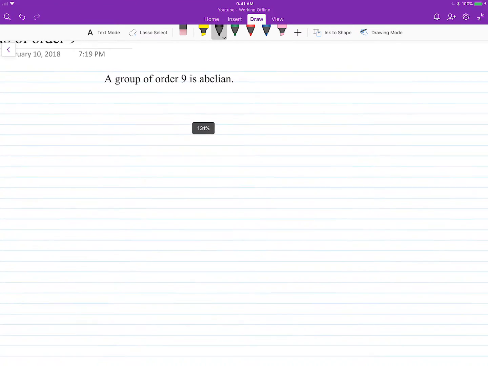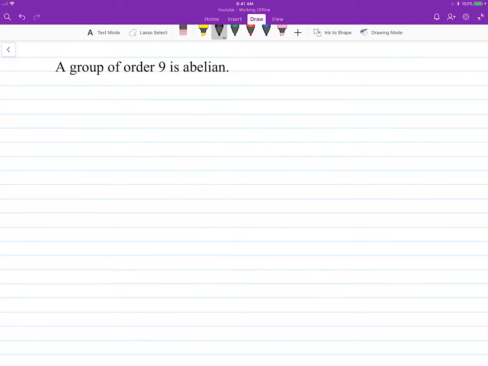And using Lagrange's theorem, we know that every non-identity element has order 3 or 9 because, I'll write it down, Lagrange's theorem.